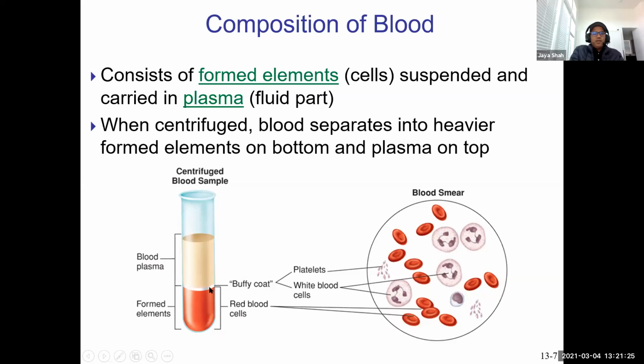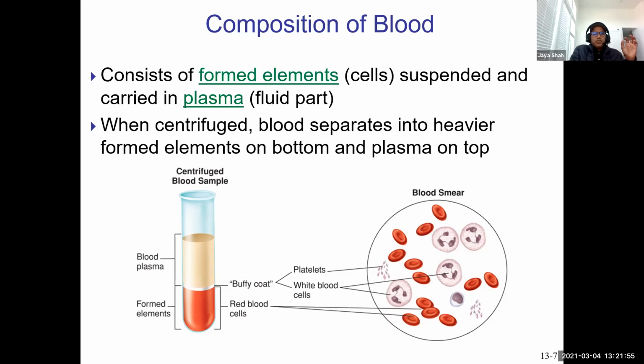And then in the middle, you have a white layer, the buffy coat. That buffy coat contains white blood cells and platelets. On top of these formed elements, you have straw colored plasma, the liquid portion of the blood, and that is blood plasma. So blood plasma is around 55% of total blood, and formed elements are around 45% of total blood.